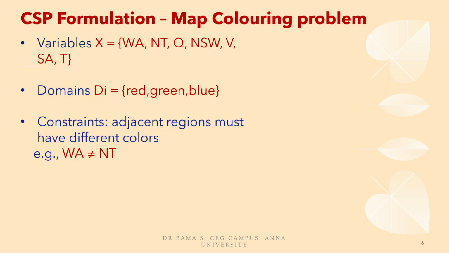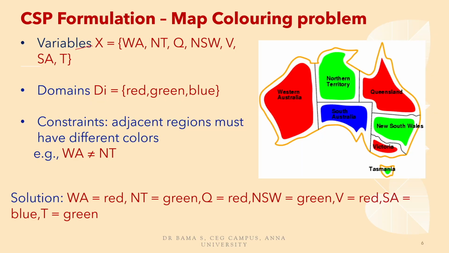In the CSP, which is the constraint satisfaction problems, we formulated according to the variables, domains and constraints. If you take the example of the map coloring problem, we have the color map of Australia, where the variables are the different regions like WA, NT, Q, NSW, V, SA and T. If you see here, these are the different variables.